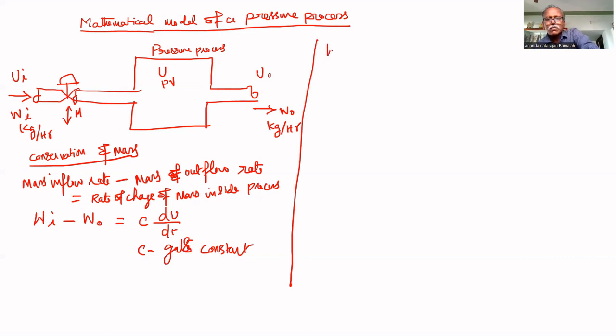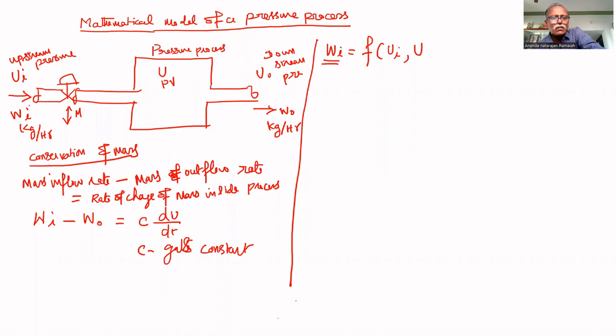But Wi equal to function of Ui, that is upstream pressure. This is called upstream pressure. This is called downstream pressure. Wi is a function of upstream pressure and downstream pressure.